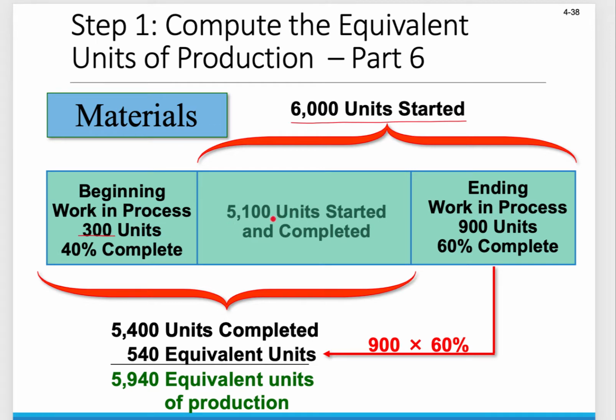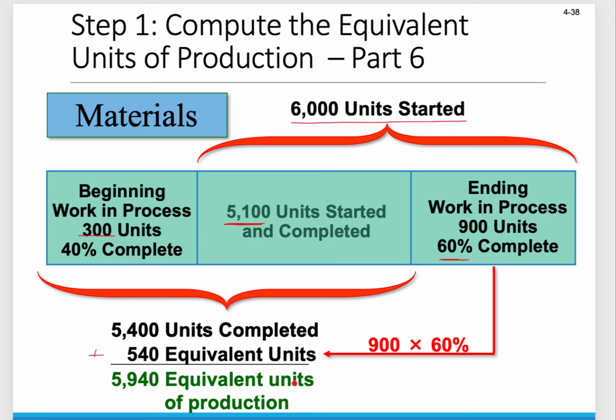We started 5,100 units and completed. The ending work in process is 900 units that are partially completed, times the percent of completion with respect to material. So the units completed plus the equivalent units give us our equivalent units of production.